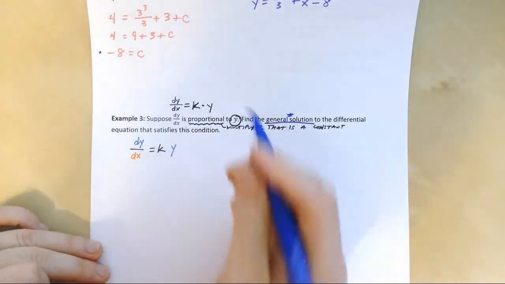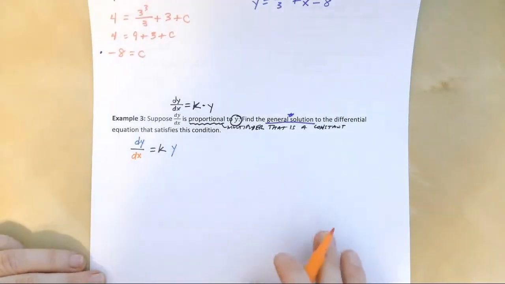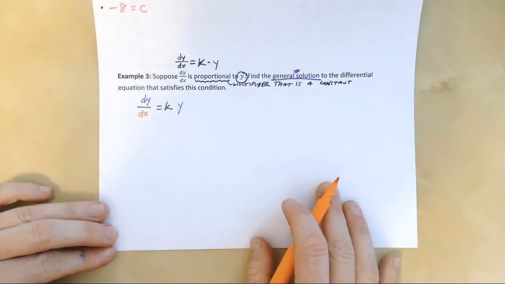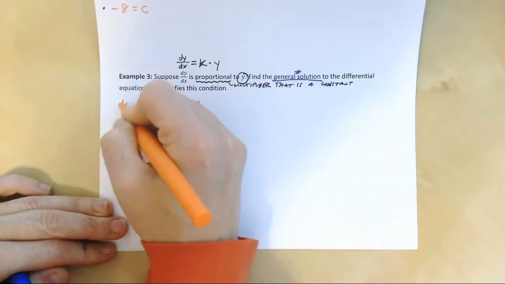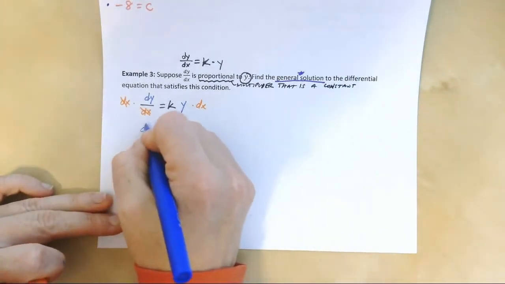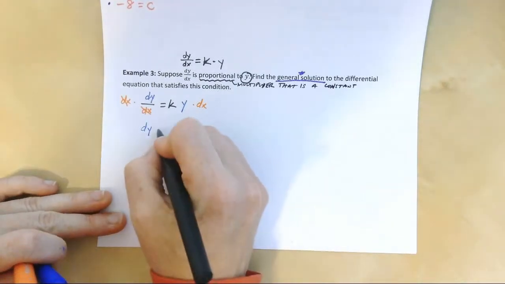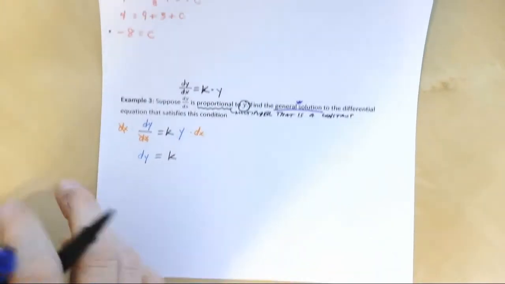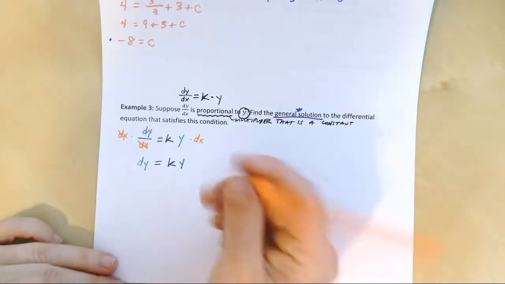We're going to do the very first thing that we should always do when we're separating, which is multiply by dx. We have times dx. We got to get that out of the denominator. We have dy equals k y dx.